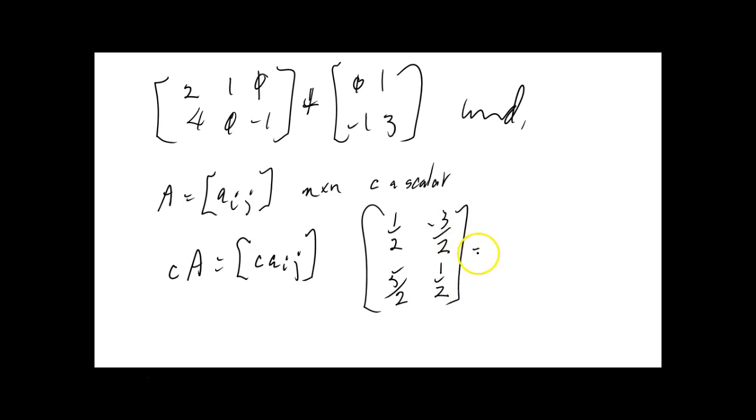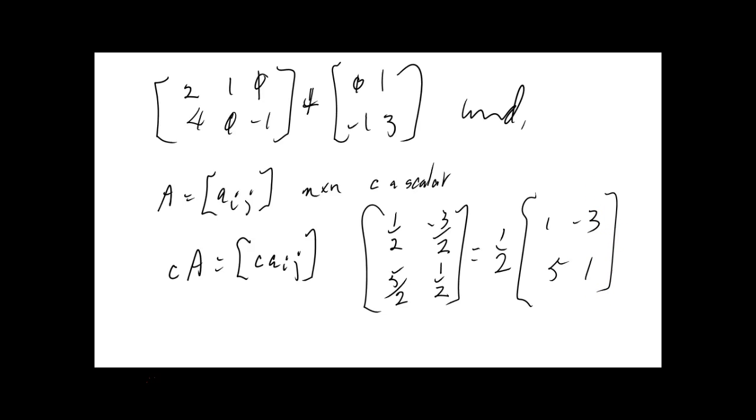That's a rather awkward matrix to write. What's a simple way to write it using this in reverse? Pull out the 1/2. And that would leave you with 1, -3, 5, and 1. Exactly. And those are exactly equivalent.